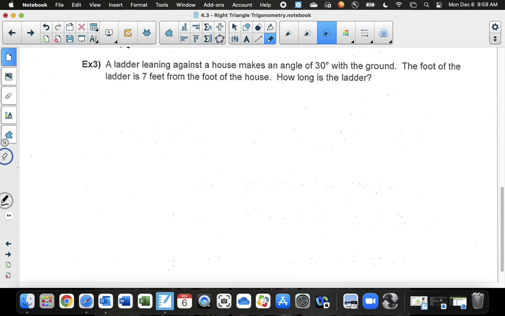If you do this correctly, your answer should end up being like 8 point something. Okay? So if you get 8 point something, that's the answer right.